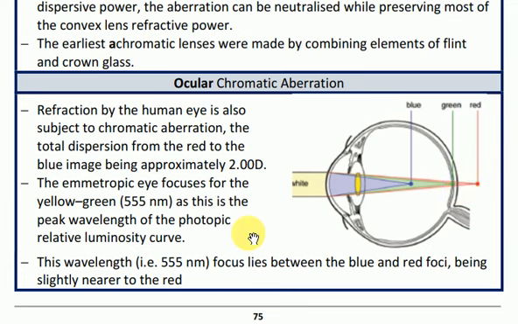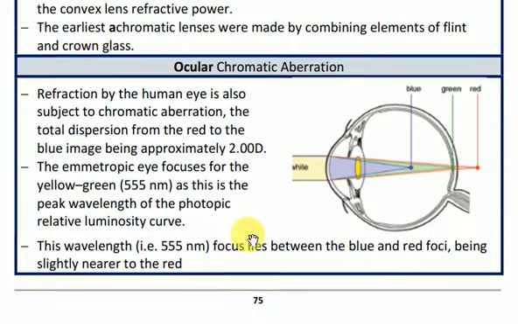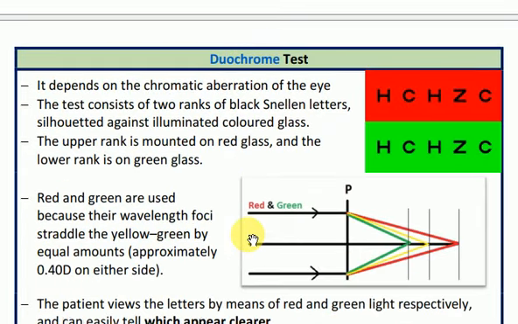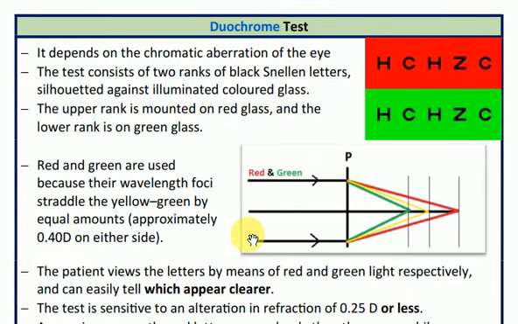Based on this, we have a test called the Duochrome test. In clinical practice, the chromatic aberration of the eye is made use of in the Duochrome test.